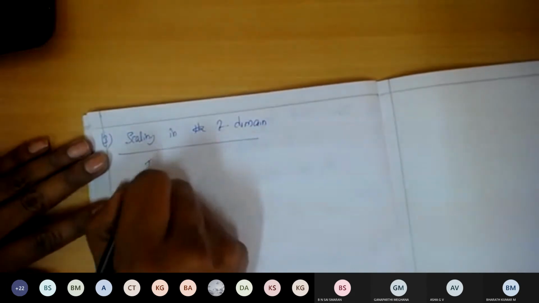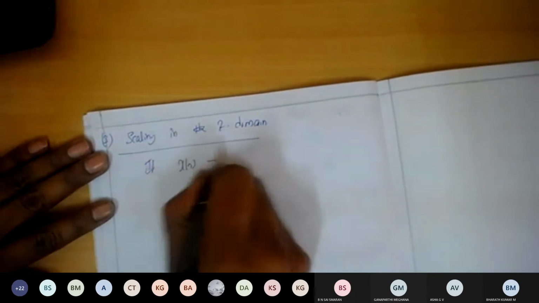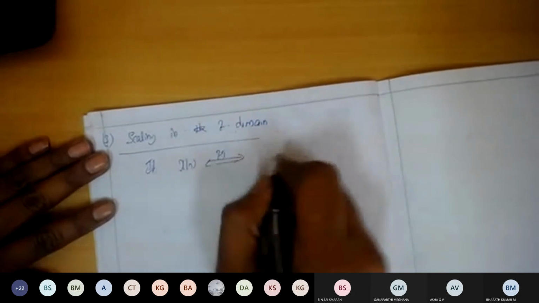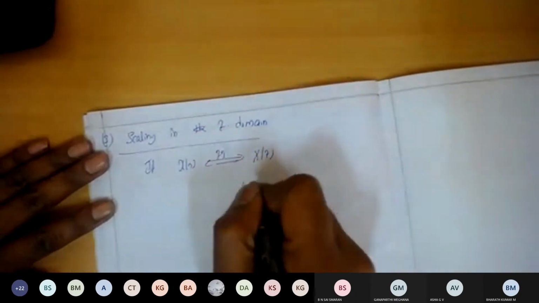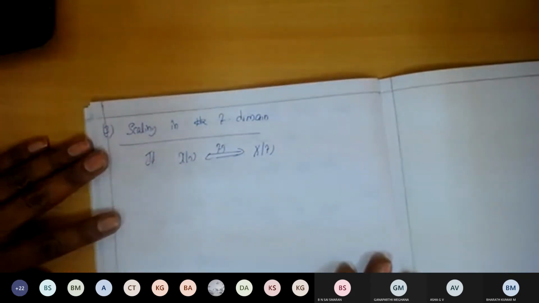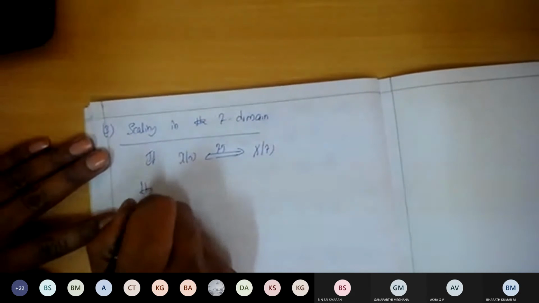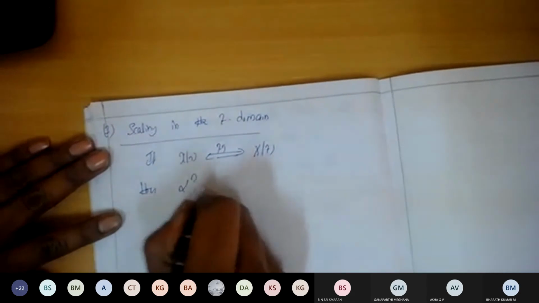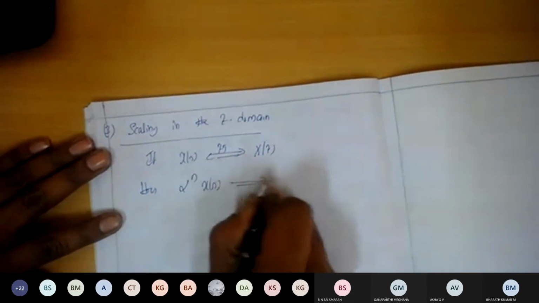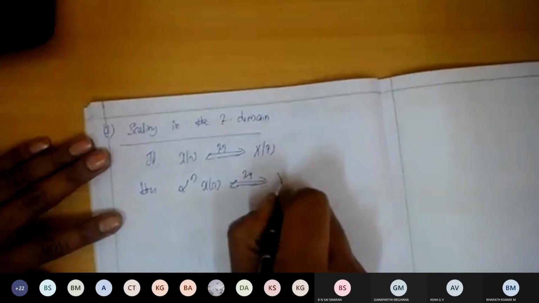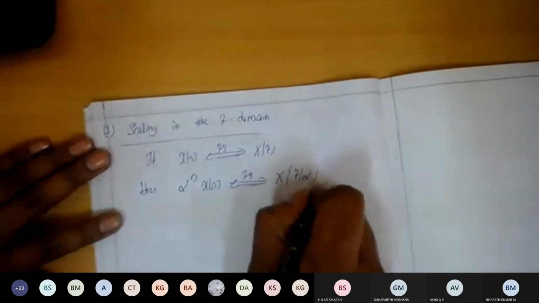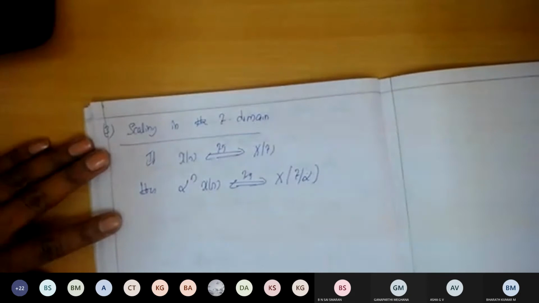If x of n has z transform X of z, then alpha to the power of n into x of n has the corresponding z transform equal to X of z divided by alpha.